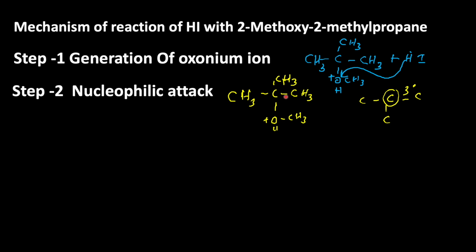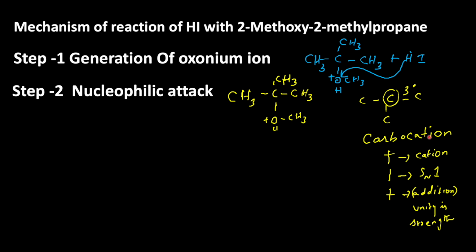So because of this tertiary carbon, an SN1 reaction takes place and this results in the formation of a carbocation. Whenever you think about the carbocation, you should keep 3 things in mind. Carbocation, look at the T here. It looks like a plus, so it stands for cation. Then whenever you write that plus, first you will put that 1.